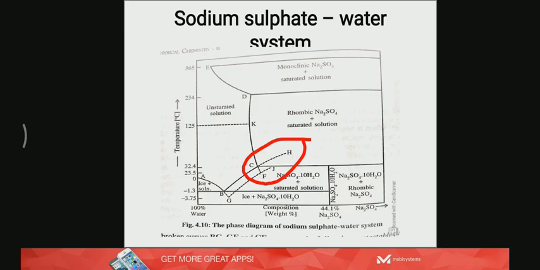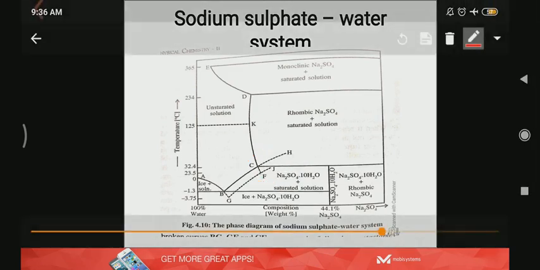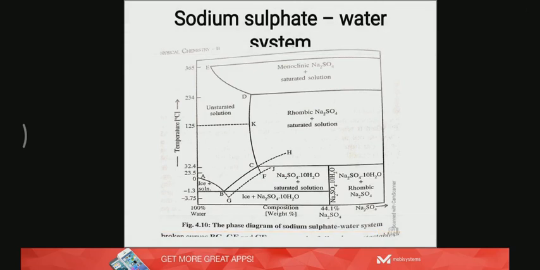So the dotted curve, the broken curve CH, can be called the metastable solubility curve of 10H2O. Right? So these are various solubility curves, various metastable curves. Along all these curves, F equal 1, the system is monovariant because two phases are in equilibrium.